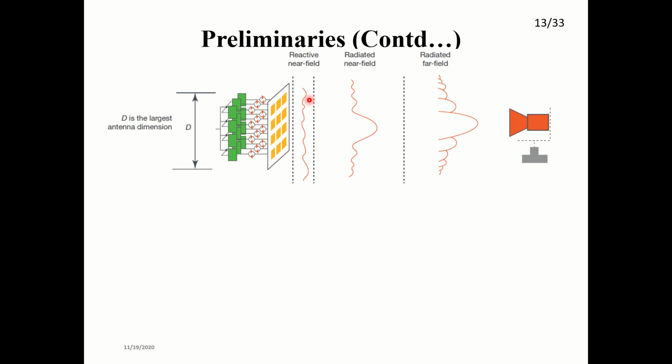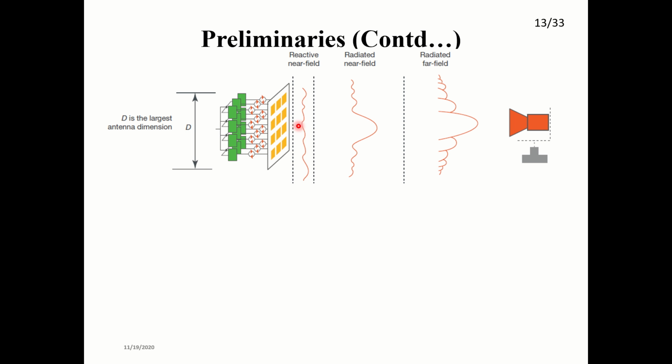Near field means, for example, this is your antenna to be tested. This is the transmitting antenna, or receiving antenna, which is a well-known antenna whose characteristics are well known. You are keeping this antenna here, then you are testing this one.